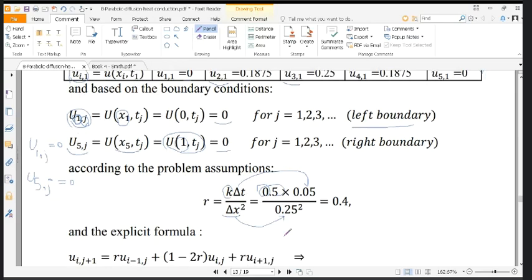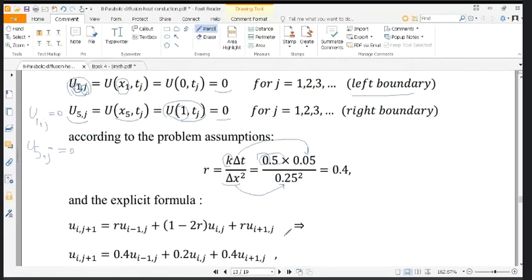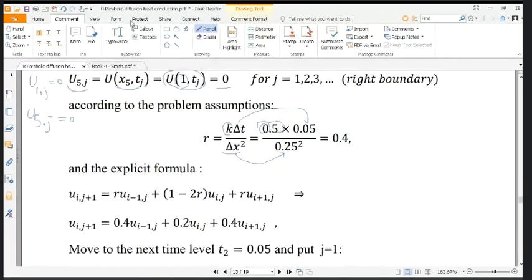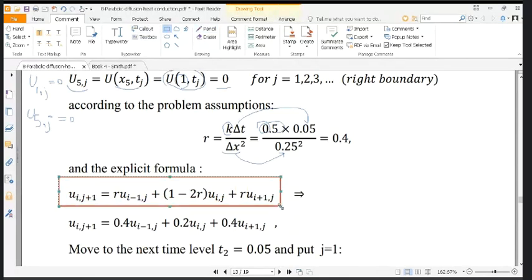For this problem, for these values of the parameters delta t and delta x, the general form of the explicit formula is ui,j+1 equal to r ui-1,j plus (1 minus 2r) ui,j plus r ui+1,j.